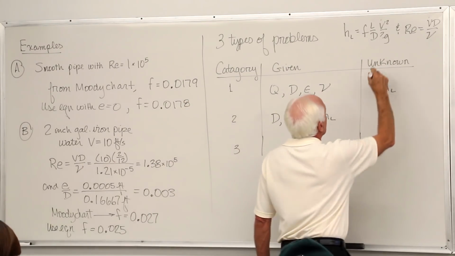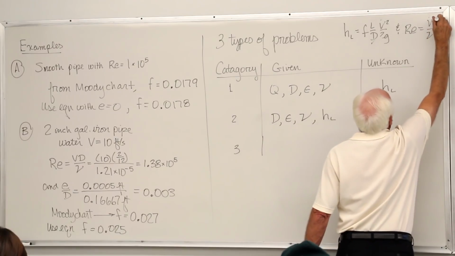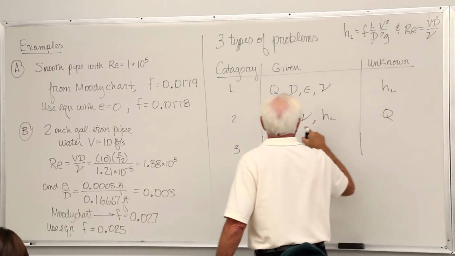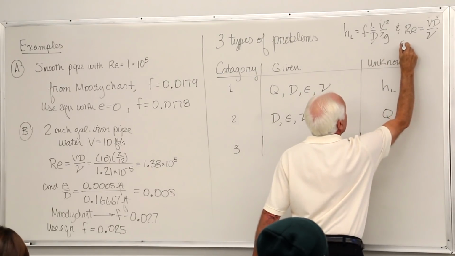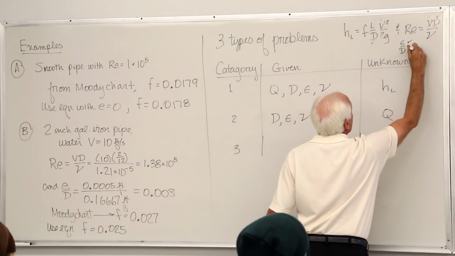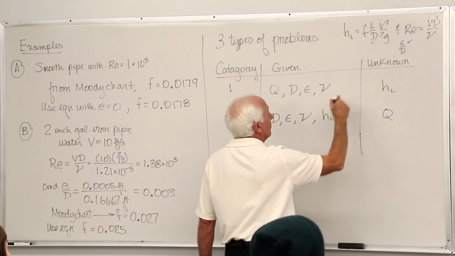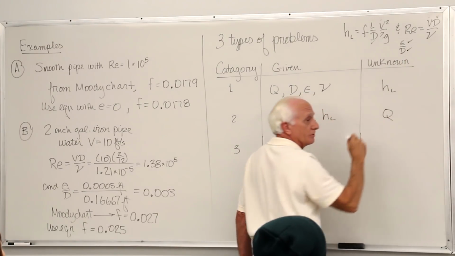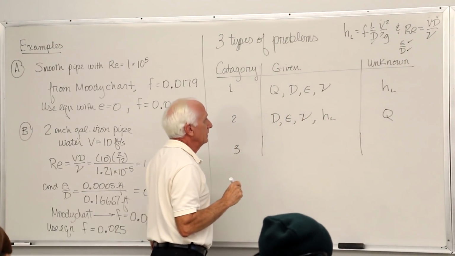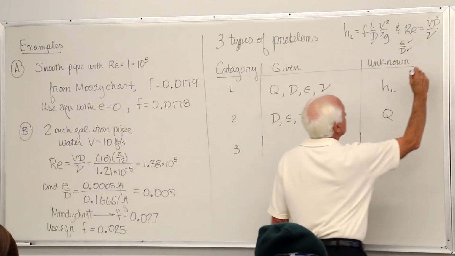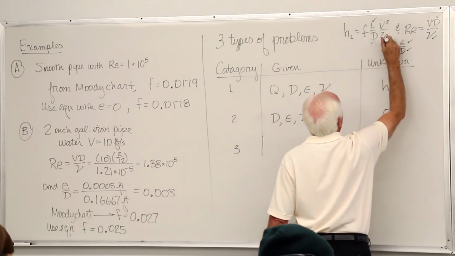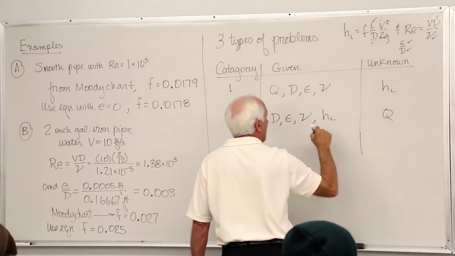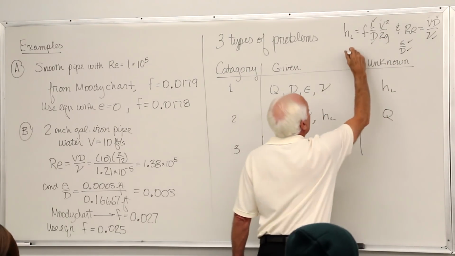I do know diameter. Got it. I do know epsilon. Okay, so I know E over D. I know diameter, so I know the relative roughness. I do know kinematic viscosity, nu. I know the pipe length, L. Oh, I know H sub L. Got it.